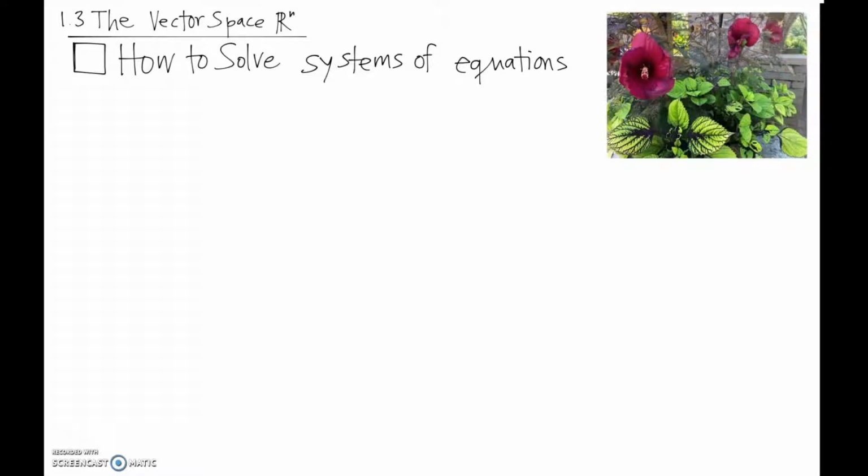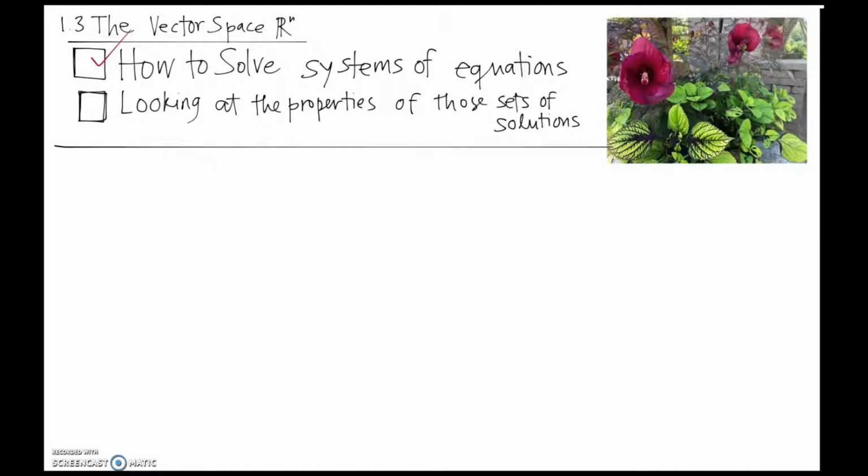Okay, we're ready to talk about section 1.3. In the last two sections we spent a lot of time talking about how to solve systems of equations, and now we're going to spend some time looking at the properties of those solution sets. This will be important too.